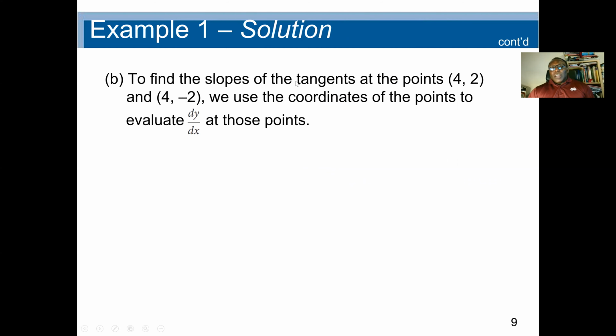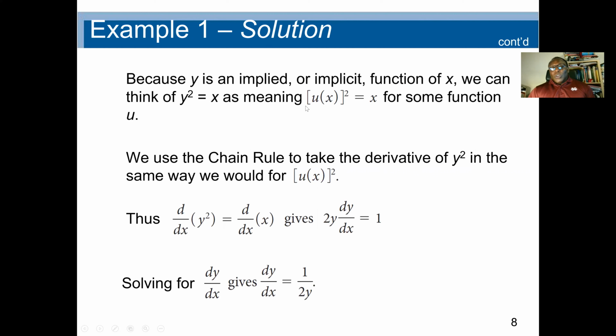Now, part B says we should find the slope of the tangent at the points (4, 2) and (4, negative 2). We know dy/dx is 1 over 2y. When finding the slope of a tangent at any point, I have to use the derivative of the function.